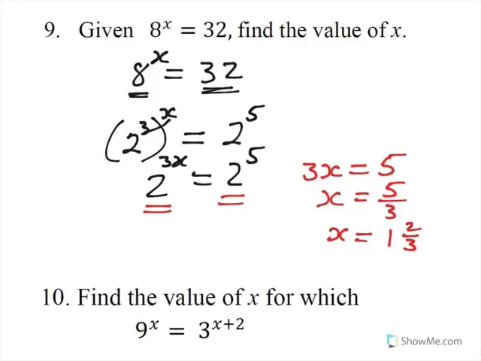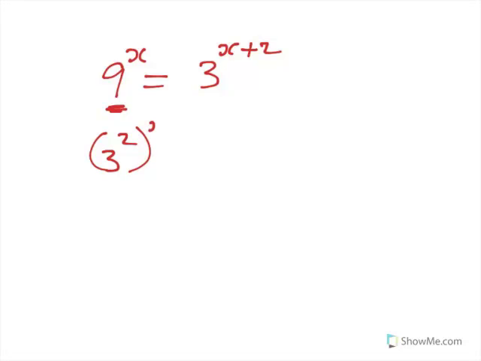Okay? This last one here is a bit more involved, so I'd like to do it on the other side. It's 9 to the power of x equals 3 to the power of x plus 2. Well, we can change that 9 to a 3 squared. So it's 3 squared to the power of x equals 3 to the power of x plus 2.